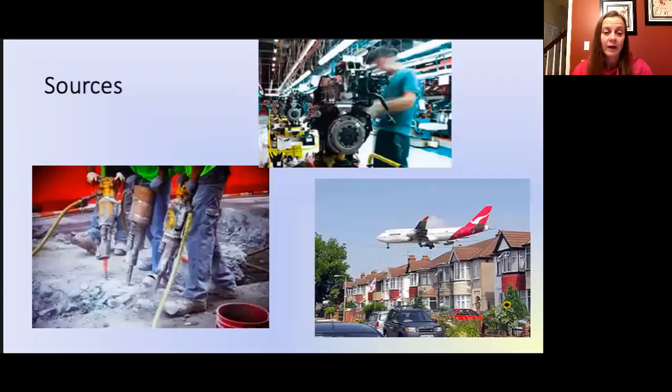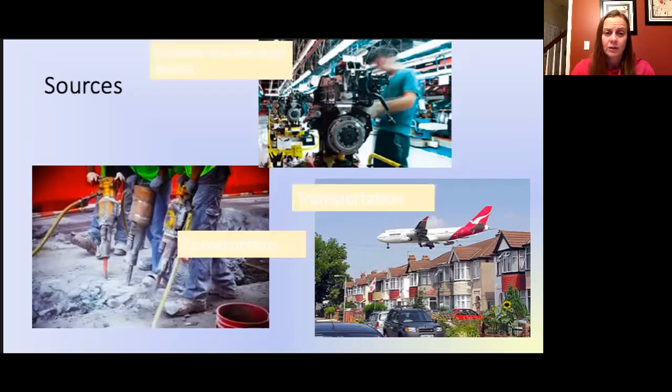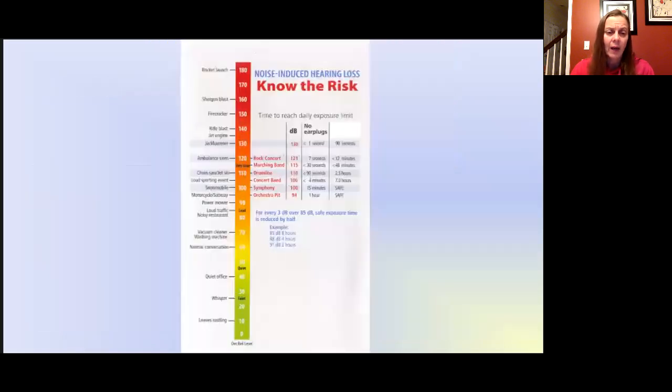So this can be factories, this can be construction, this can be airports, so transportation, construction, and industry. When it comes to noise pollution, there are two factors that have to be considered, and that is the amount of time at which you spend at that particular noise level, as well as the noise level itself.